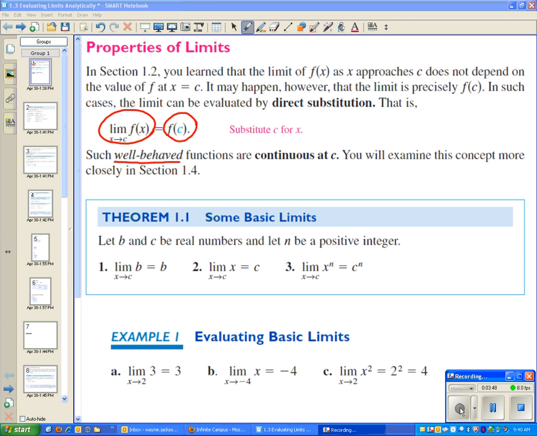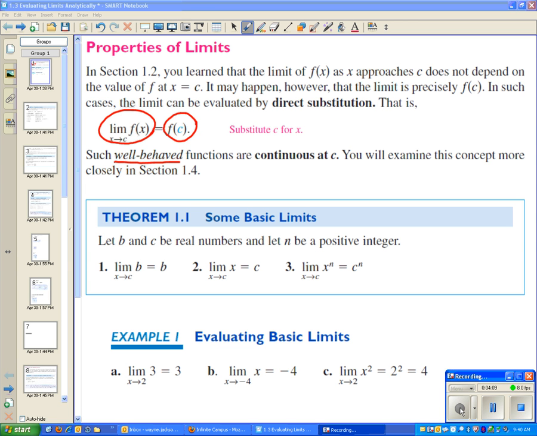Like, if you're trying to find f of 3, don't you just stick 3 in for x? So if we know for a fact that the limit as x approaches 3 is the value when x equals 3, then all you have to do is put 3 in for x, and then it's simplifying.